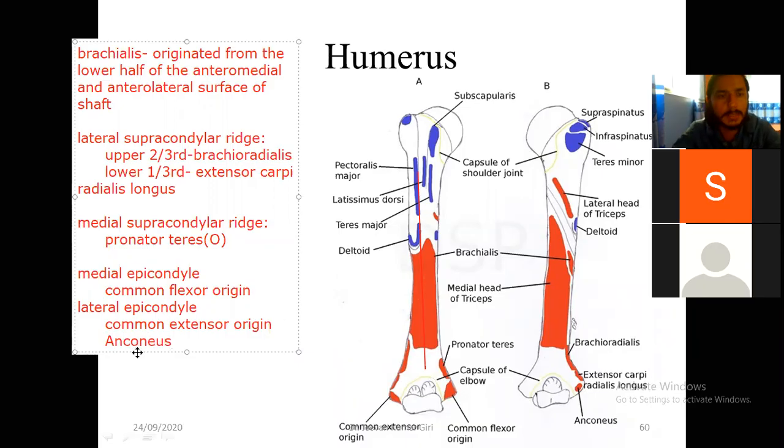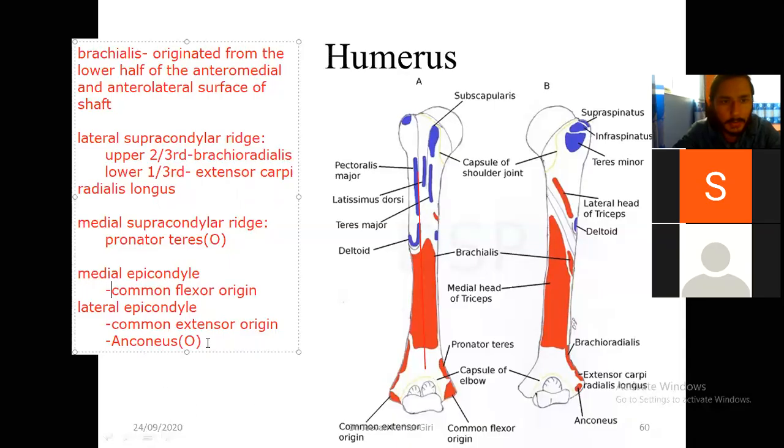These are all origins only, so just in bracket I will write origin. Now what are the muscles having the common extensor origin? I will tell the names now. The common extensor origin takes origin from the lateral epicondyle, in the anterior side.